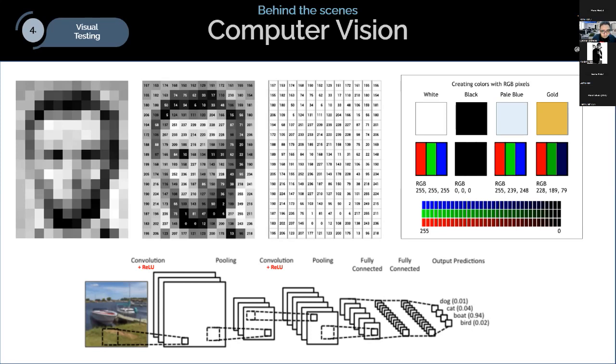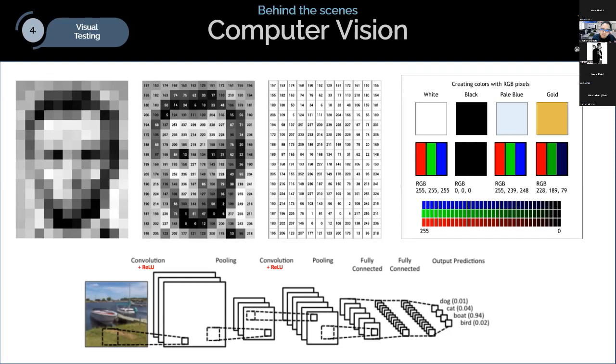In advanced computer vision, it uses convolution, pooling, and fully connected algorithms to predict an output, right? So if you look at this image of a boat, what happens in convolution? It splits the image into smaller images. Then it runs it through a filter, and it tries to identify what this small image is all about, right?